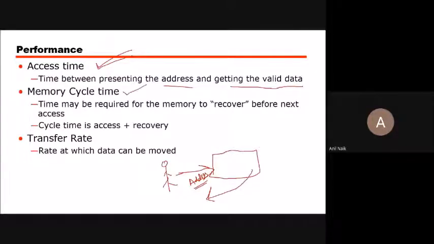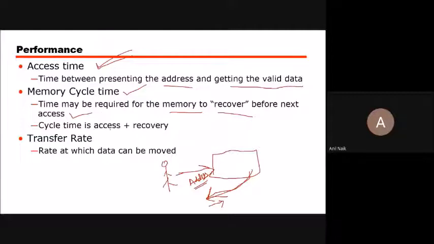Then memory cycle time means the time that may be required for the memory to recover before the next access. Whatever the presenting of the address and getting the valid data, after that again you go for finding the data from another address. So the time required for the memory to recover before the next access is the memory cycle time.